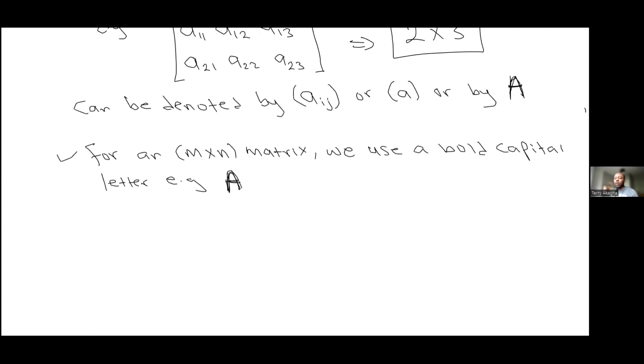Now, for a row or column matrix, this is a little bit different. I've talked about this in a previous video. For a row or column matrix, we use a lowercase bold letter.